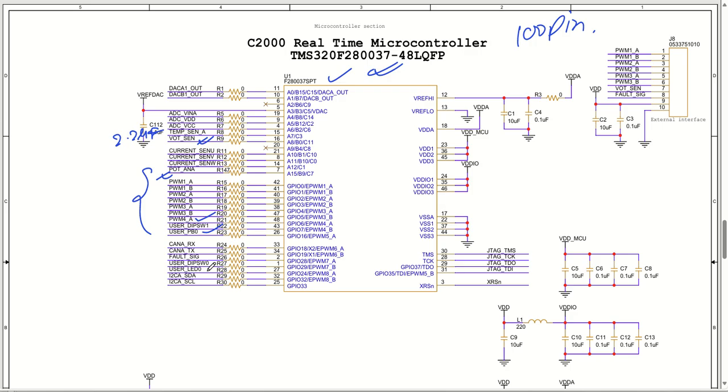LED 0 is connected here, but one more is there. Then the fault signaling from the IPM has been connected here, and we have communication: I2C and CAN, so CAN Rx Tx and I2C SDA SCL. I hope you now have a complete pin description and its utilization.